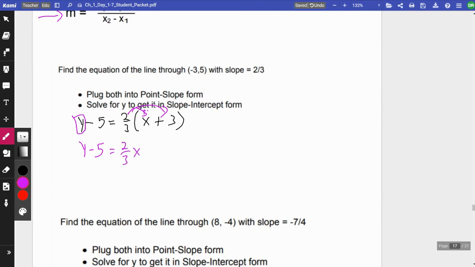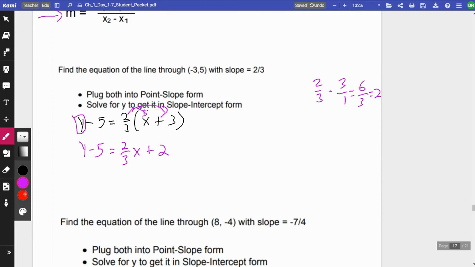And then 2/3 times 3, if you need to just take that off and do fraction multiplication on the side, go for it. We can cross cancel. There's going to be a 3 on the top and a 3 on the bottom. They'll cancel, and we'll just get 2. But if you multiply these out, you'll get 6/3, which is 2. So this now turns into just +2 because we multiplied 2/3 and 3.